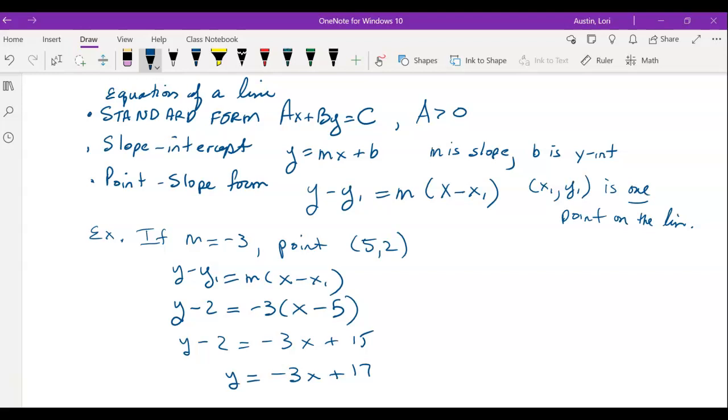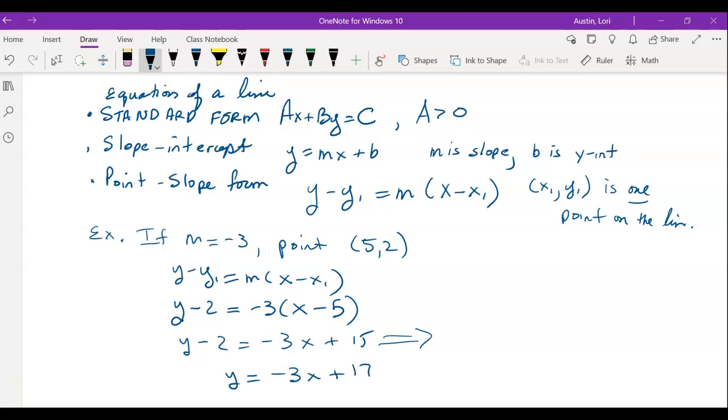You want to start from here? Oh, if it's standard form, then the only thing you have to be careful with, when you're putting standard form together, is the x term has to be positive. So do you see where this is negative? We want to move that to the other side, so that dictates where to move everything.